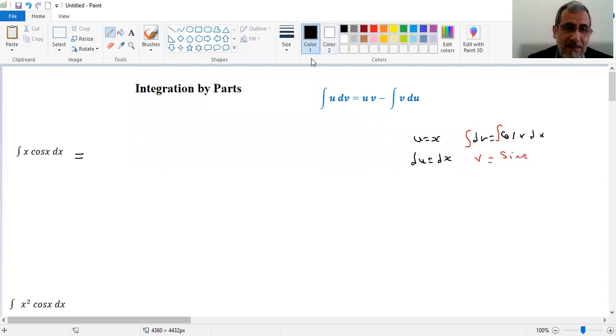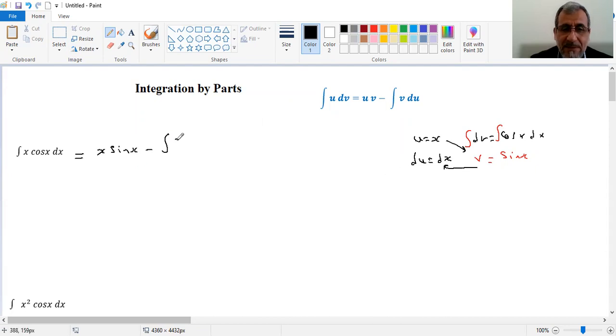Now the rule is uv, u multiplied by v, so it'll be x sine x minus the integral of v du, so the integral of sine x dx.